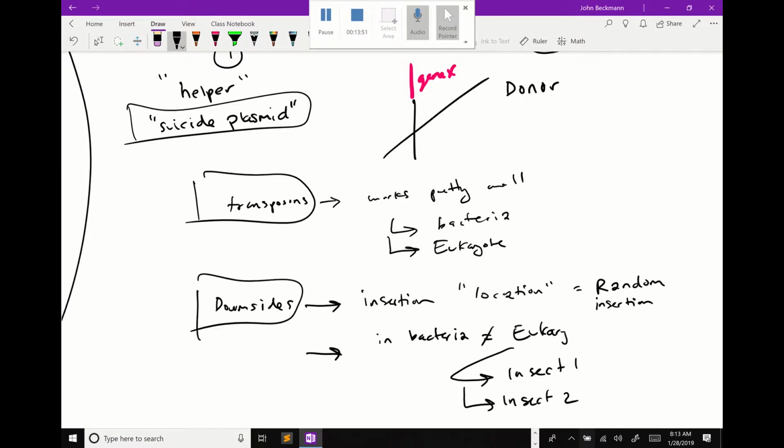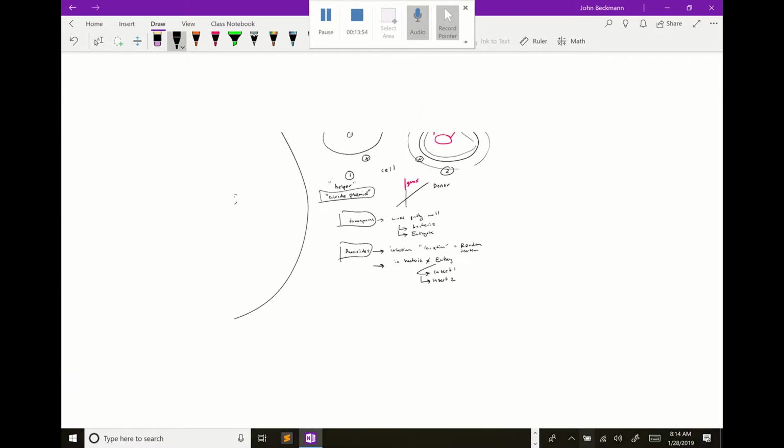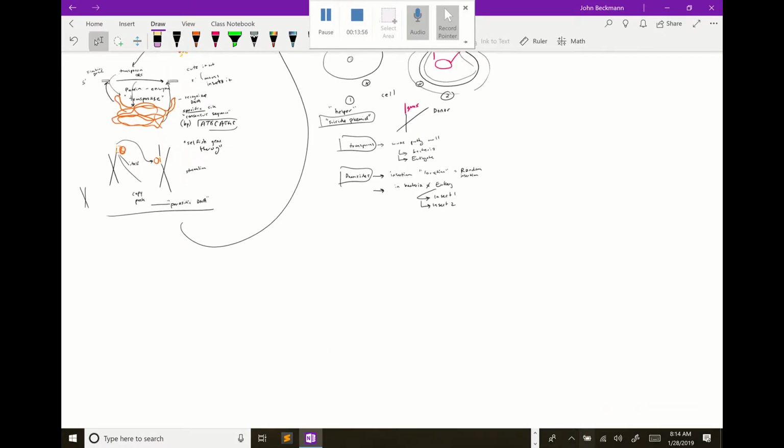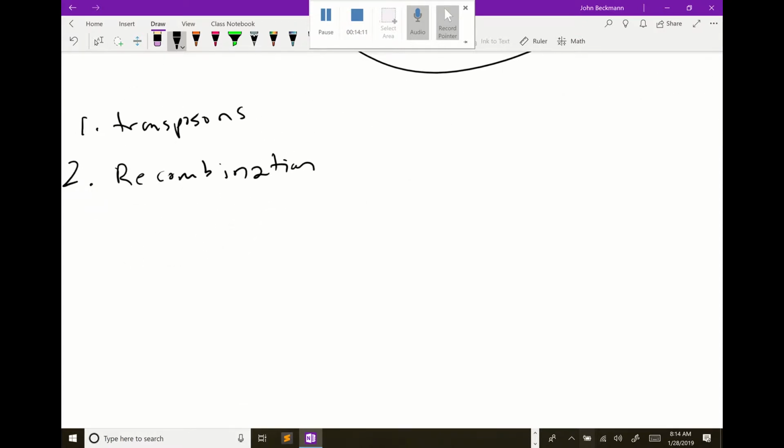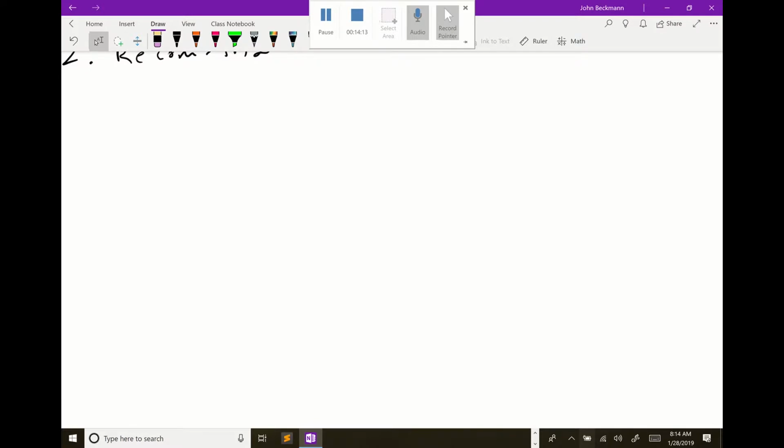Okay, so that's one mechanism of insertion, transposons. Let's talk about a second mechanism of insertion, which we've already talked about a little bit, which is recombination. So let me talk about this.